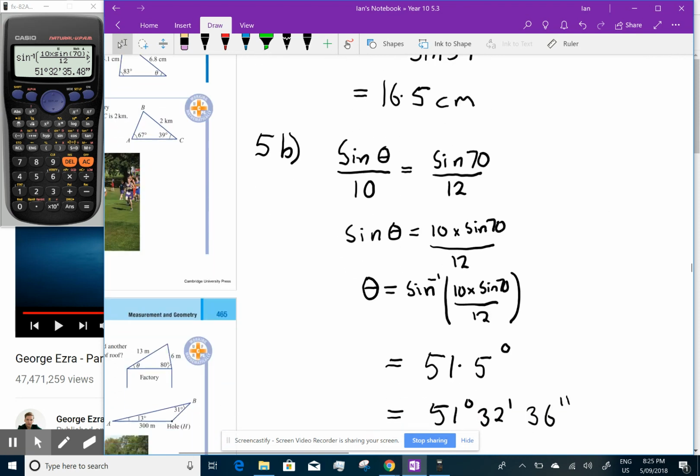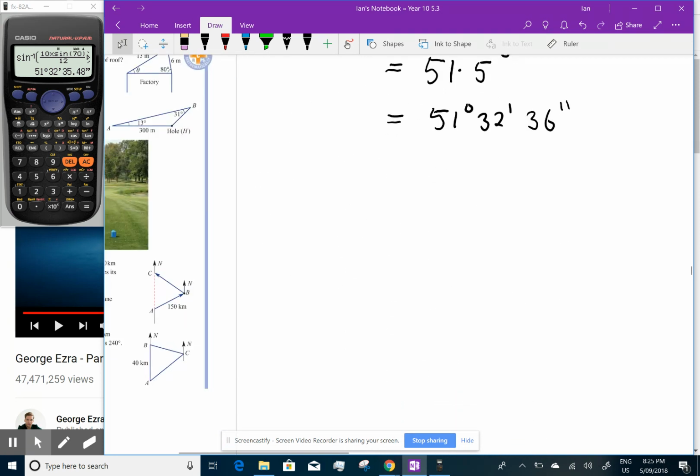All right, there is another thing you need to be aware of, and it's called the ambiguous case. And we did this one in class. So I'm going to have a look at this. And we did a question in class.